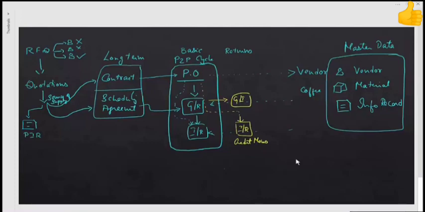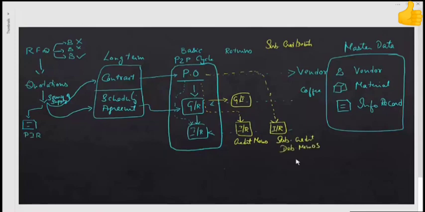And we have also seen subsequent credits or debits, which are basic credit memos and debit memos created directly with reference to the PO. So these are subsequent credit or debit memos.